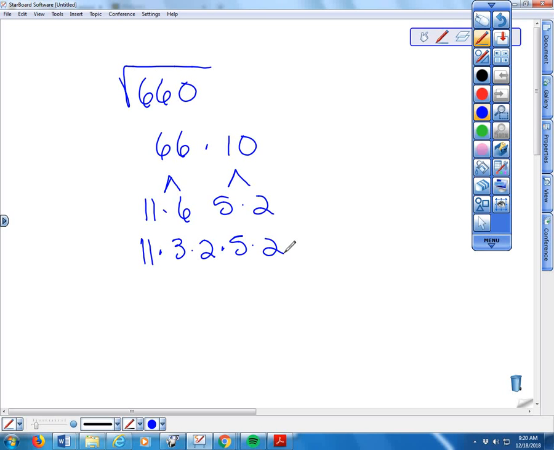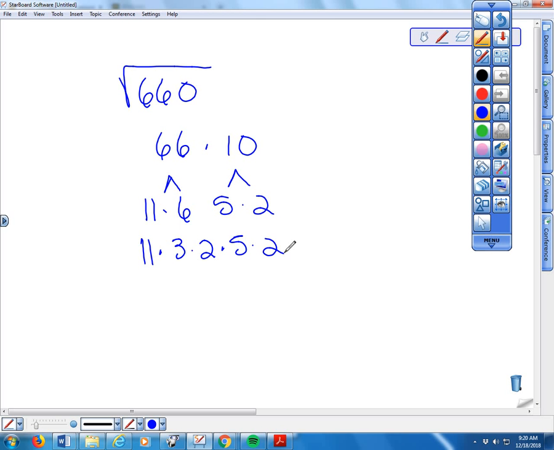No. So just move your way down. 660 divided by 25, nope. 660 divided by 16, nope. 660 divided by 9, nope. 660 divided by 4, there it is.